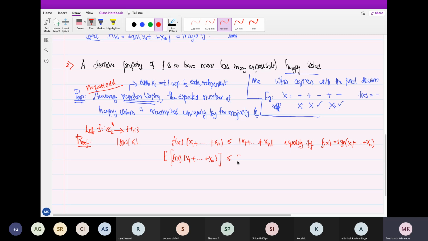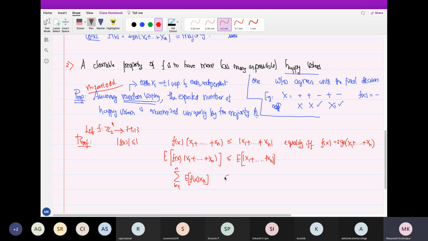the expected value of f(x) times (x1 plus up to xn) is less than or equal to the expected value of the absolute value of x1 plus up to xn. So what is this? This is the sum over k equals 1 up to n, because expectation is linear, of the expected value of f(x) times xk.